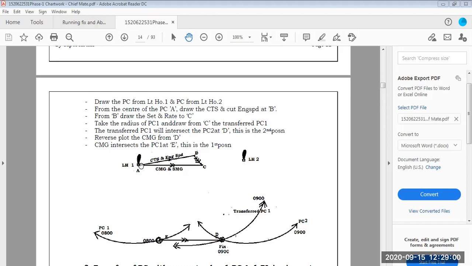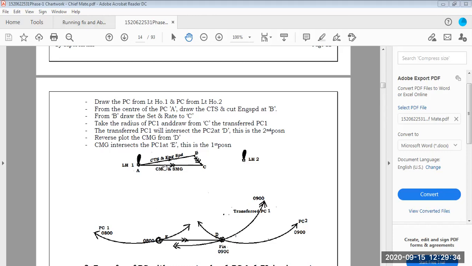And after that, everything is same. We draw the course to steer and engine speed from the lighthouse, and then we put the set and drift. We get the estimated position. From this estimated position, we transfer the initial position circle. So this is the initial position circle. We take this as center and mark the same distance circle, and wherever it cuts the second PL, that will be our fix at 0900.